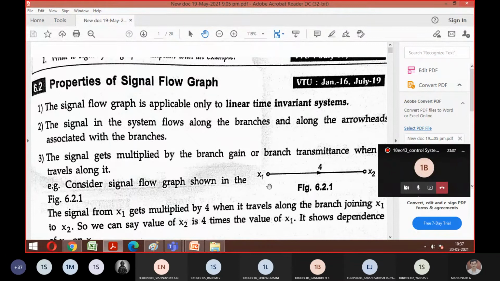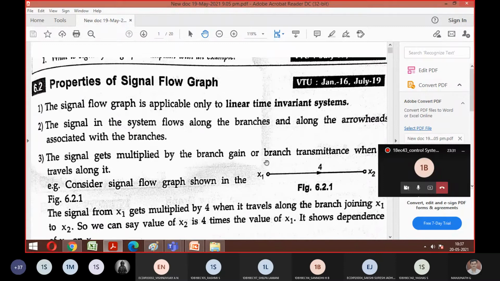It means the signal flows from x1 to x2. Property number 3 tells that your output x2 is 4 times x1. What signal is flowing here is x1. The 4 you can see is called a branch gain or branch transmittance. That gain will be multiplied to your input, and that combination is the output.